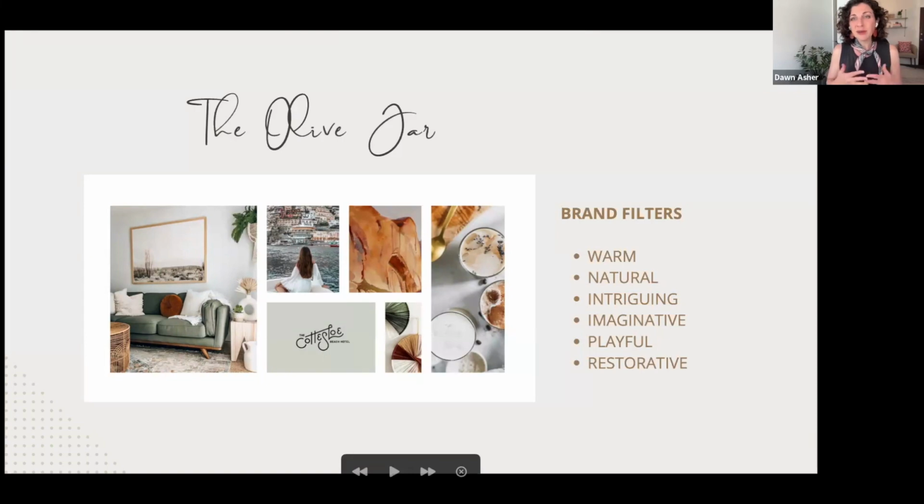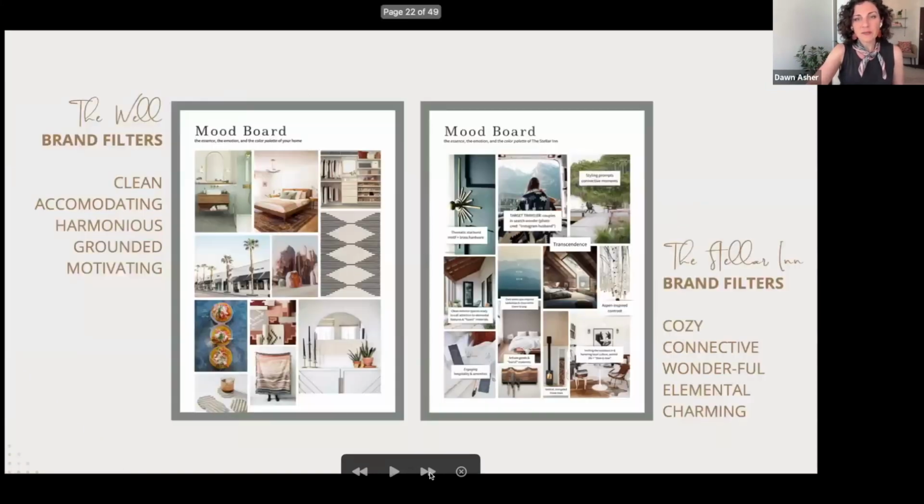So that means it's very much our posture in the way that we interact with clients and travelers, but also visually, our aesthetic. If you get on our website, theolivejar.co, you'll feel these words throughout the pages that you're scrolling. So that's what we mean by brand filters.